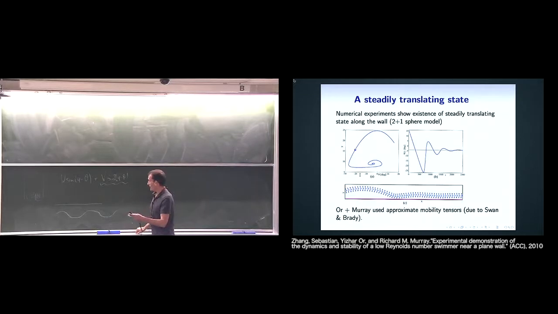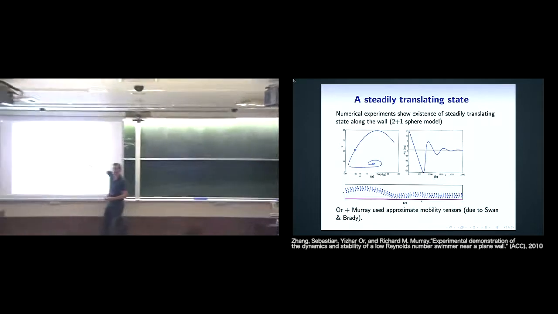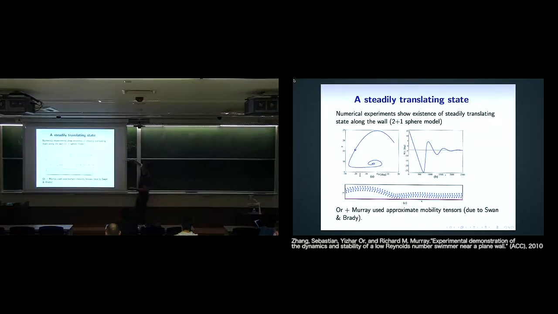But if you keep this U non-zero and do exactly the same analysis, you get this kind of asymptotic stability process where it kind of equilibrates to a steadily translating state. It's almost like the U brings in a dissipative effect, but it's the self-propulsion.